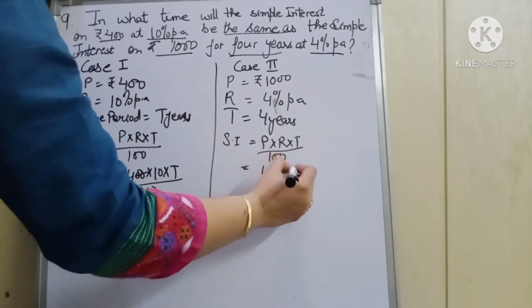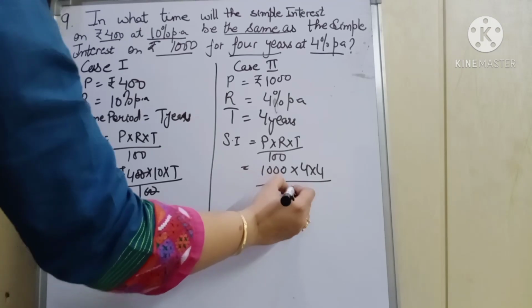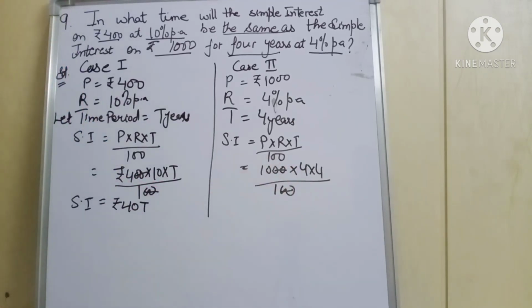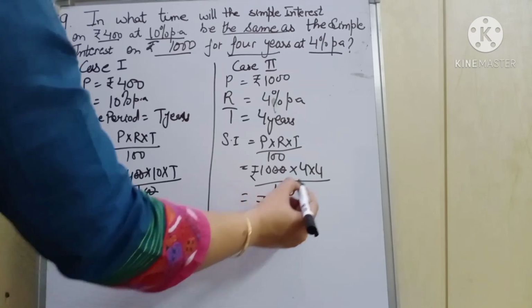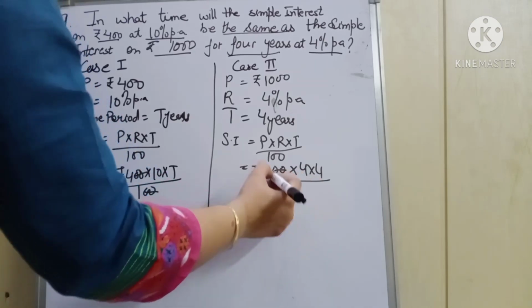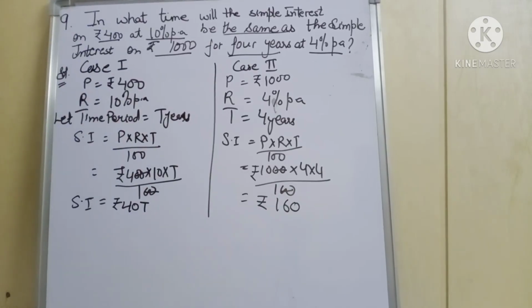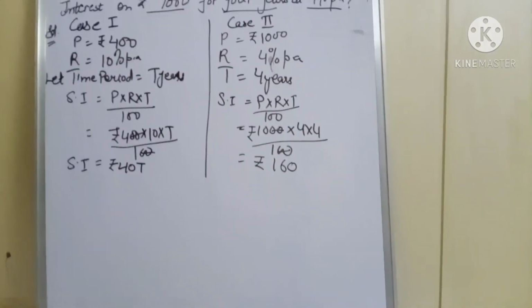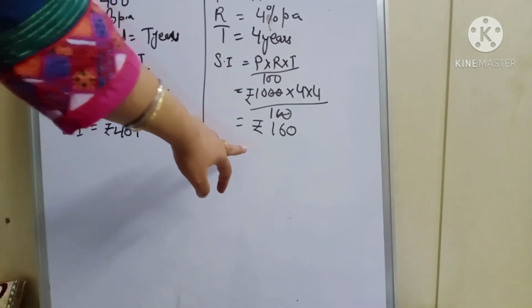Principal 1000 multiplied by 4 upon 100. That is equal to rupees, 4 4s are 16 and 1 0, 160. Now they are saying that at what time both interests are the same.